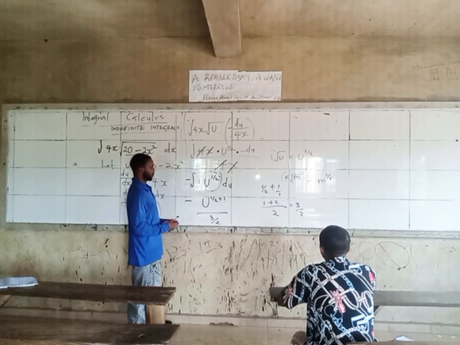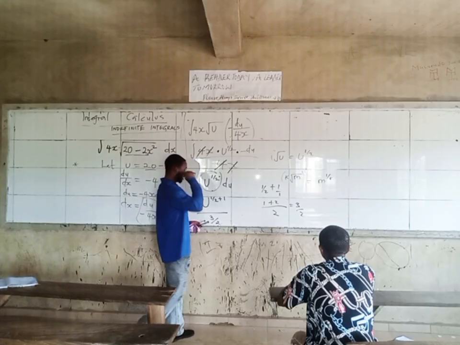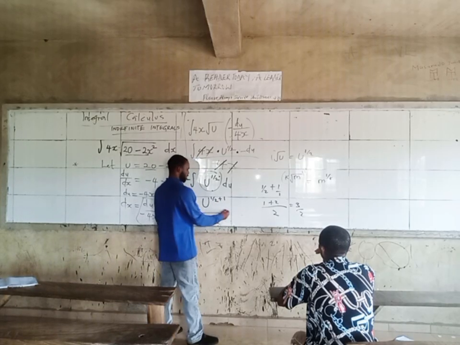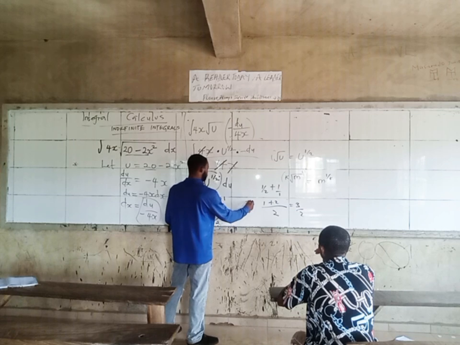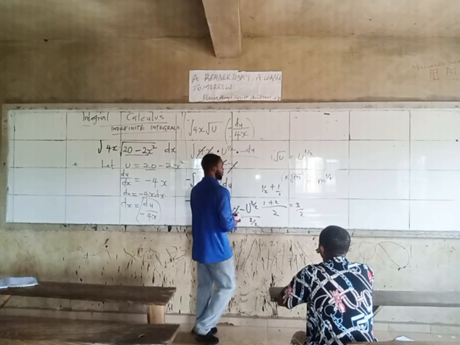Add 1 to the power, divide by the new power. So this is minus u to the 3/2 all over 3/2. And notice something.